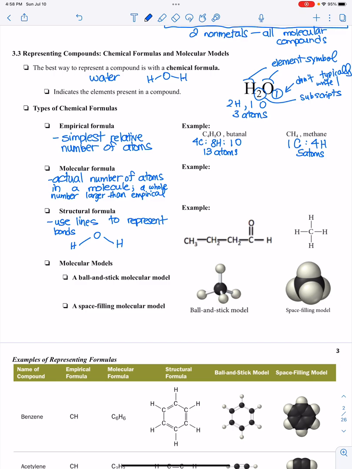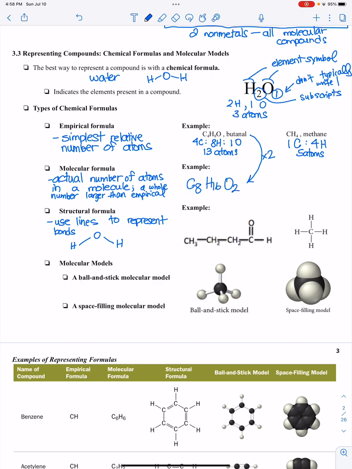A molecular formula is the actual number of atoms in a compound, but it's a whole number multiple larger than an empirical formula. And I'm going to do it using the examples on top here. For example, if I were to multiply all of these subscripts by 2, I would get C8H16O2.